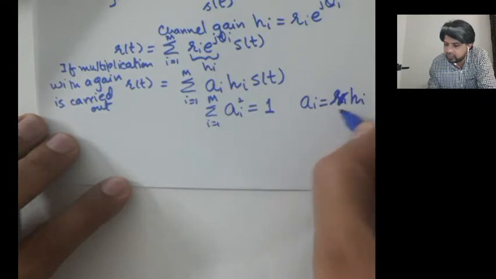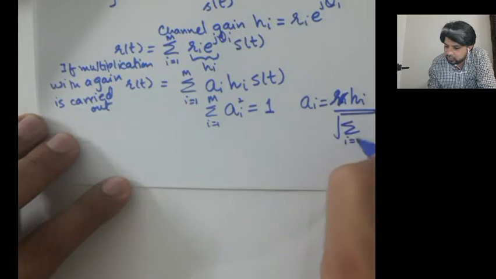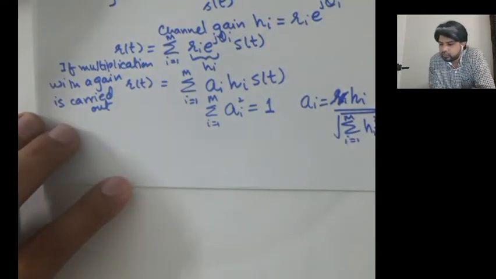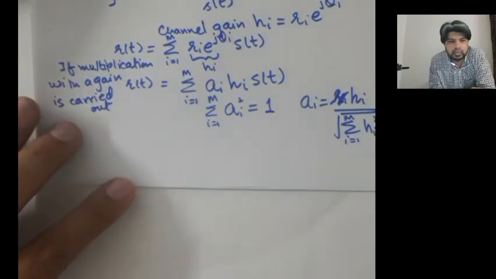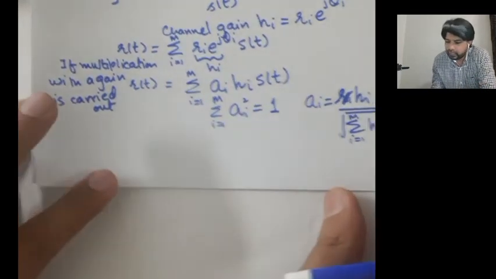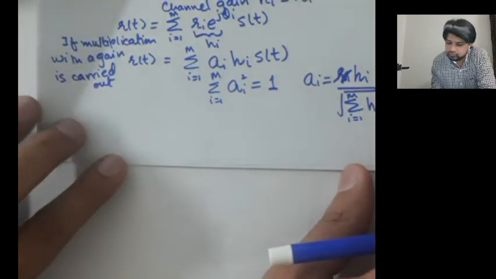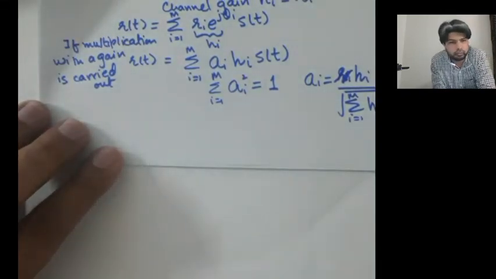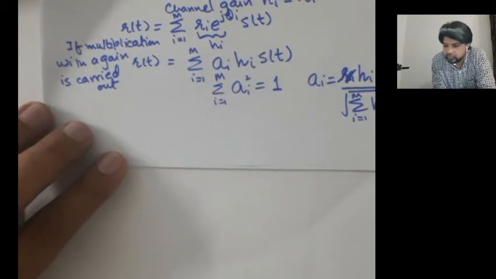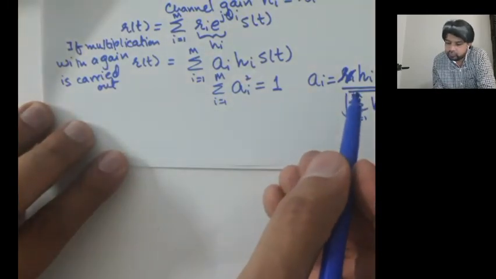Having said that, now let's assume that Ai equals Hi, your channel gain, divided by the summation i equals 1 to capital M of Hi squared. If that is your channel gain, it is fairly straightforward to prove, and we would do that in a while, that it results in a gain very similar to maximal ratio combining. If that is your Ai, what do we mean by this?